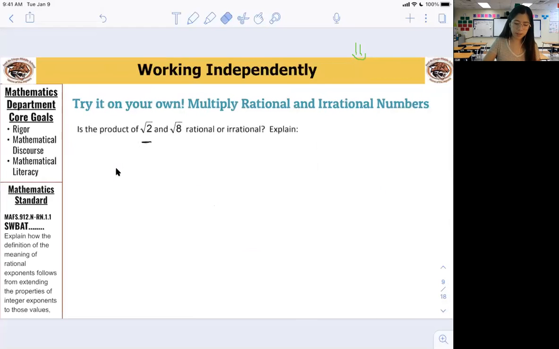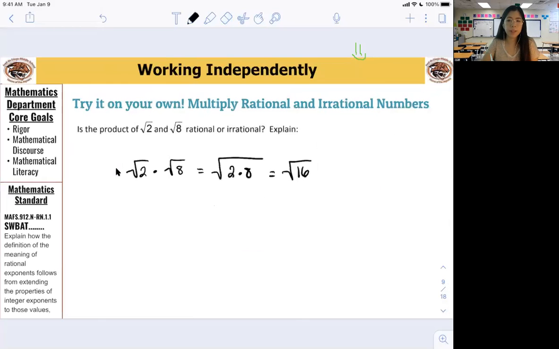So let's see. What can I do between these two numbers since we're multiplying? We can multiply them in the same bracket. Yeah, they can both live under the radical. So this is the same as the square root of 2 times 8. 2 times 8 is 16.